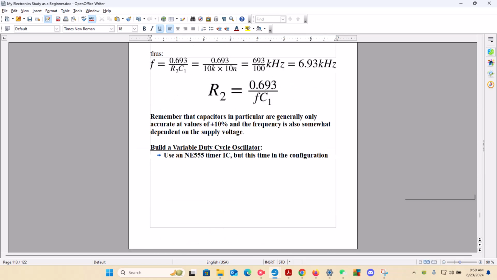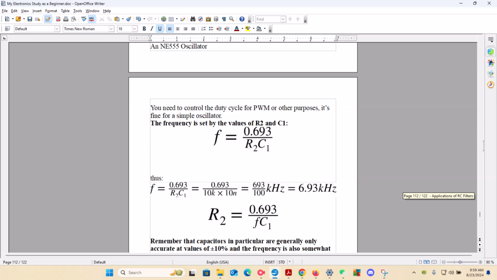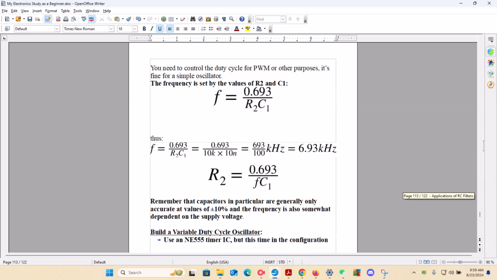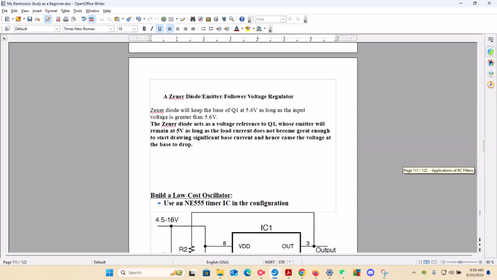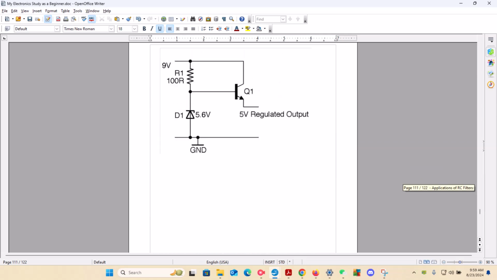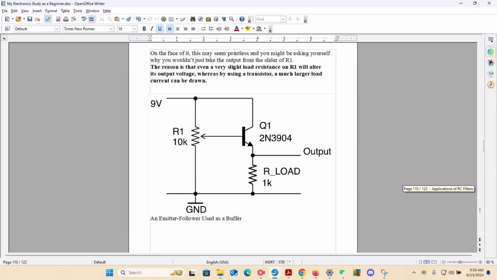And then we also have to understand how resistor 2 is calculated from frequency. Resistor 2 is, in this case, whatever the number is on the top, divided by frequency times capacitor 1. We talked about the low-cost oscillator, and also the basic current flow for this. We have switches, which go to the output, the load, and they always go into ground.